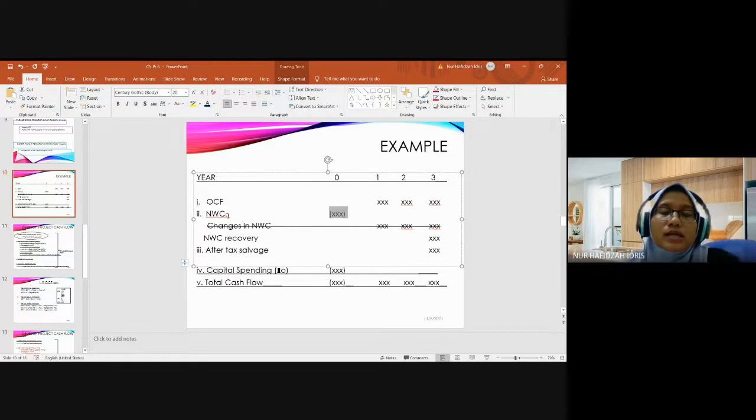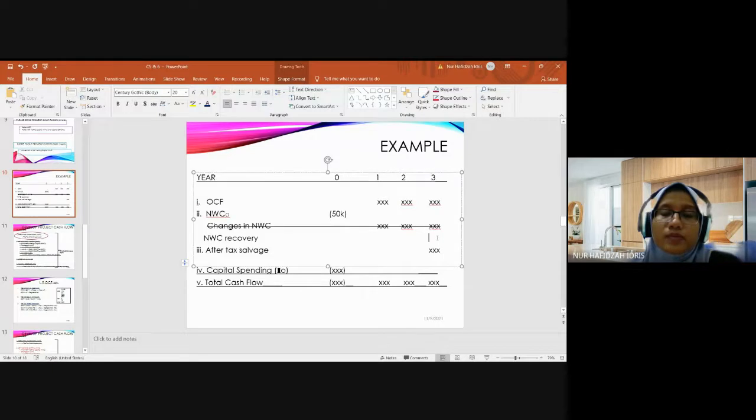So kalau dia cakap sekali je net working capital, then the initial net working capital here is negative 50,000. How do you know it's negative? Based on the word given, based on the information given. So bila sini initial is negative 50,000, the net working capital recovery at the end of the project, let's say the project will be for 3 years.